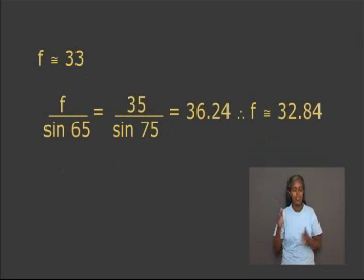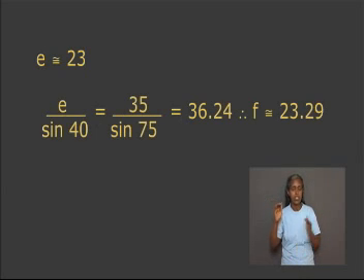Side f is equal to about 33 units. We use the law of sines, which says that f over the sine of 65 degrees is equal to 35 over the sine of 75 degrees. When we solve for f, we get approximately 33 units.